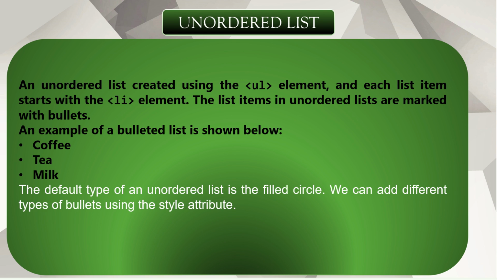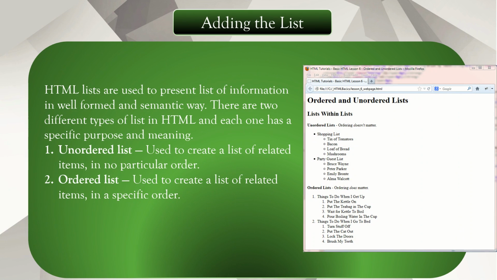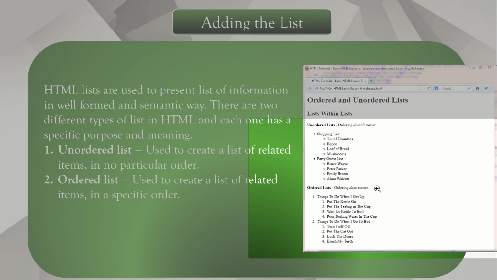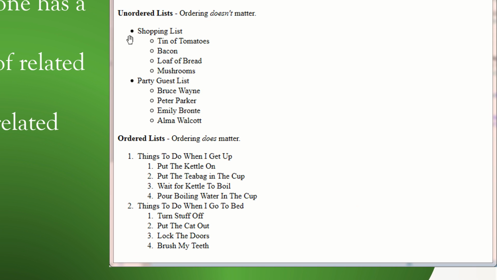Got it? And if we talk about circle, in the last session I showed you, see students, over here one is the filled circle and another one is the unfilled circle. The unfilled circle can be done with the help of the circle bullet type.